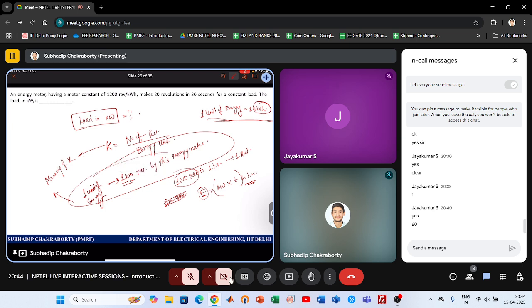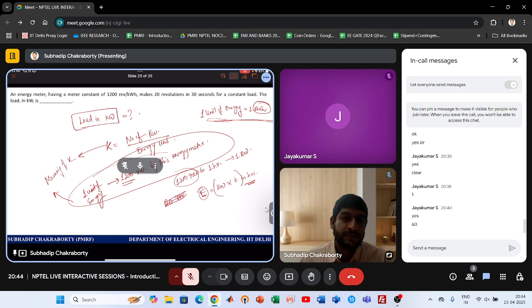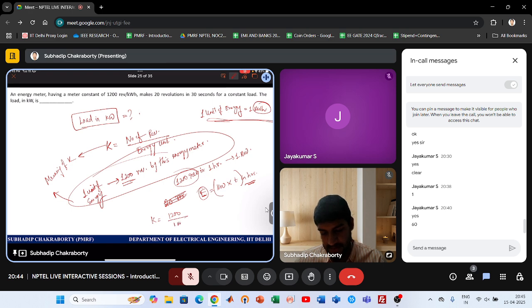So what is the meter constant? 1200 revolutions per 1 kilowatt hour.